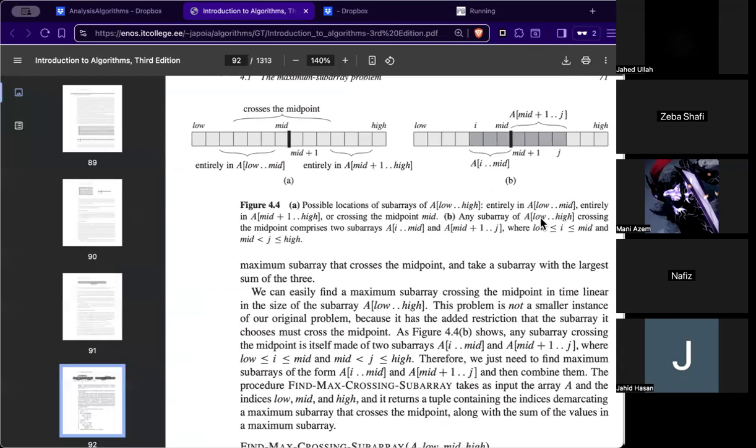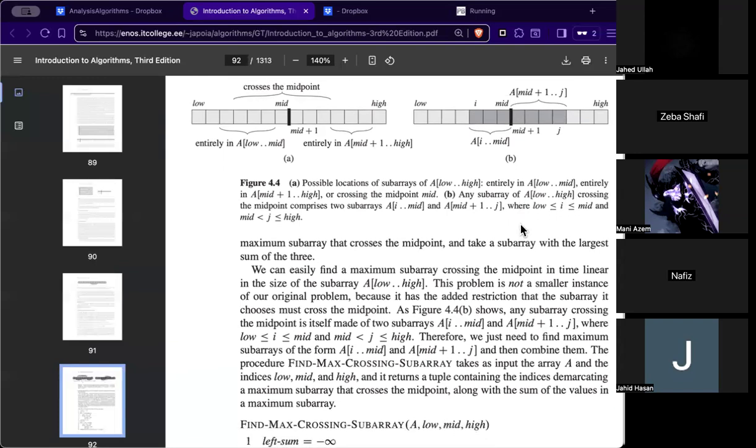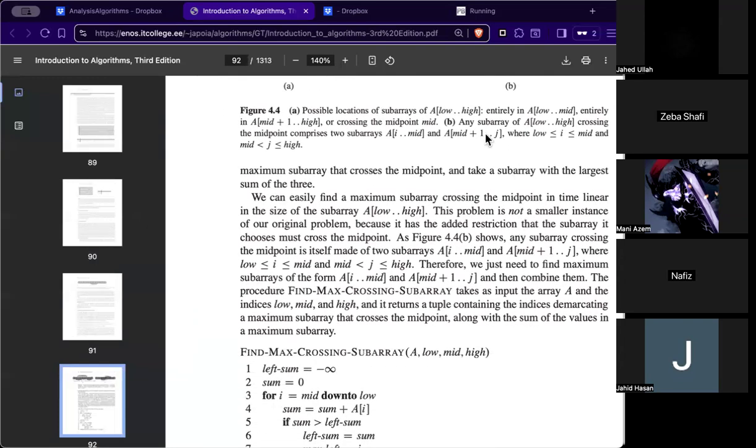And then entirely in the second half would be over here. And then crossing the midpoint, all right? This guy hypothetically crosses the midpoint, but when we look at our actual data points, we find that that's exactly what we're doing. So that's what the illustration is telling you, all right? But now the question is, how do we work with that crossing?